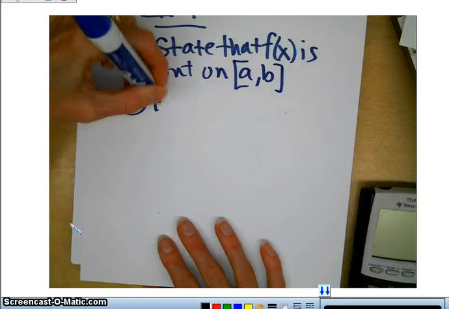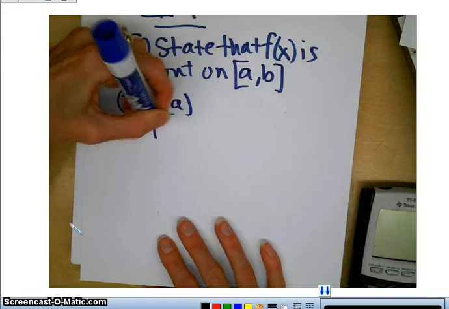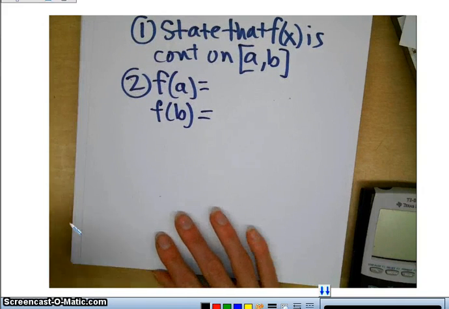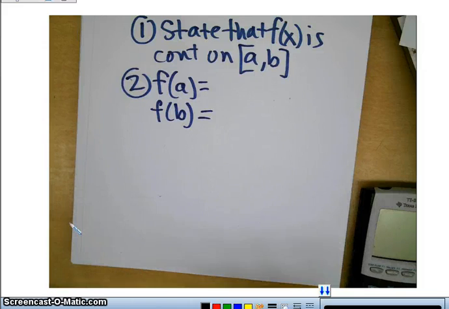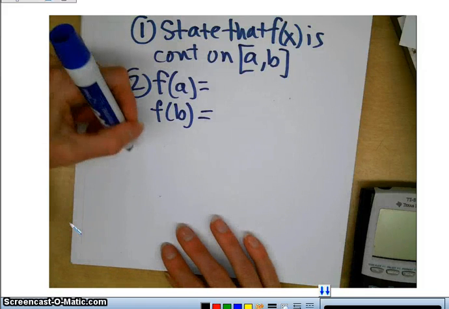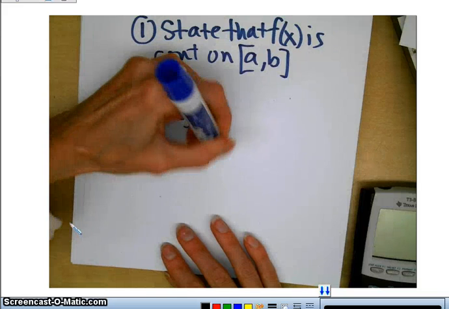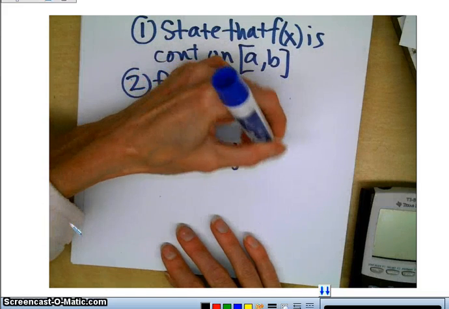Second, you have to find f at a and f at b and show what they are. And then, depending on what they ask you, they'll most likely tell you to find where f of c equals 4.